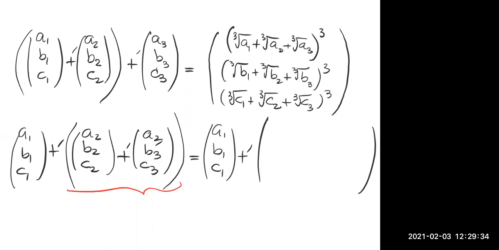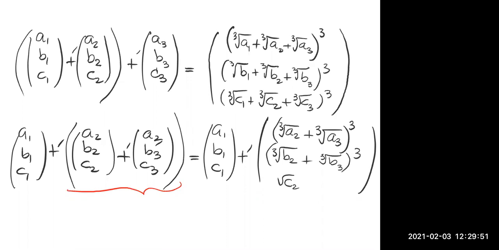And this rule we have says the result would be the third root of A2 plus the third root of A3, the whole thing cubed, the third root of B2 plus the third root of B3, the whole thing cubed, and then the third root of C2 plus the third root of C3, the whole thing cubed. I'm adding it to this other vector I have, A1, B1, C1.